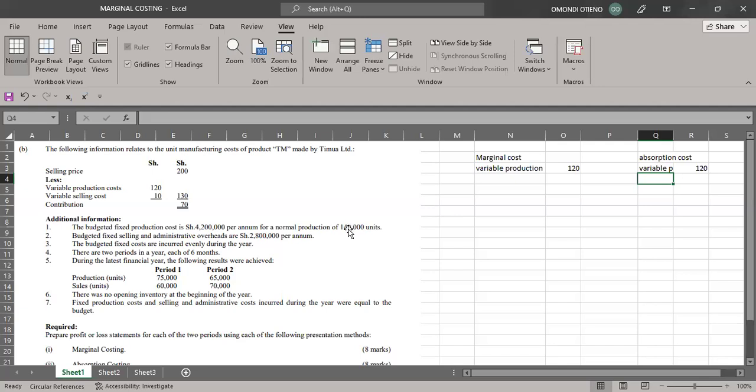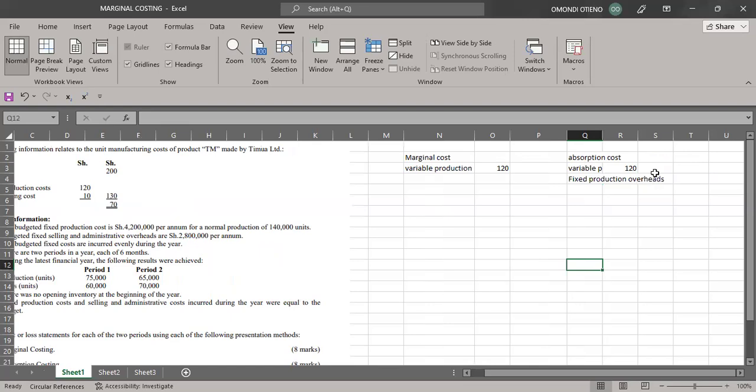So what do we have? We need to bring in now the fixed production overheads. Great. So can we get the fixed production overhead?